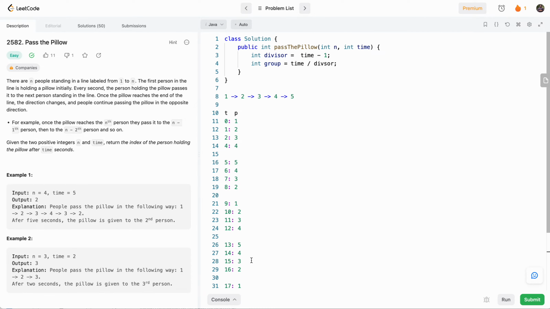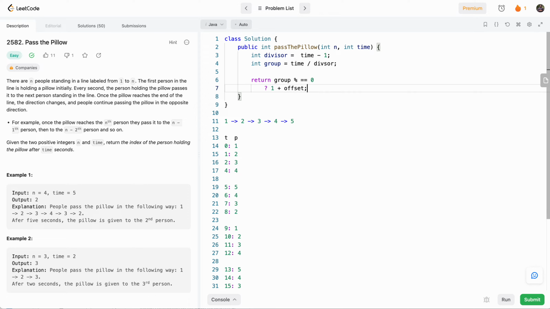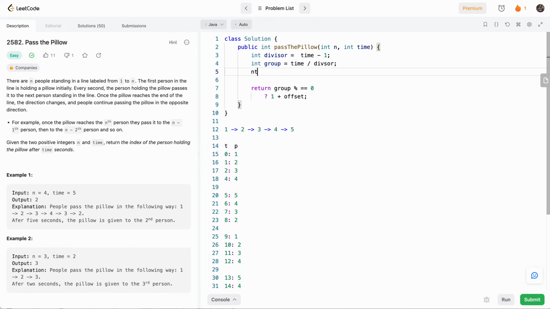if group mod 2 is equal to 0, then our answer will just be 1 plus our offset in the group. Our offset is basically going to be time mod divisor.